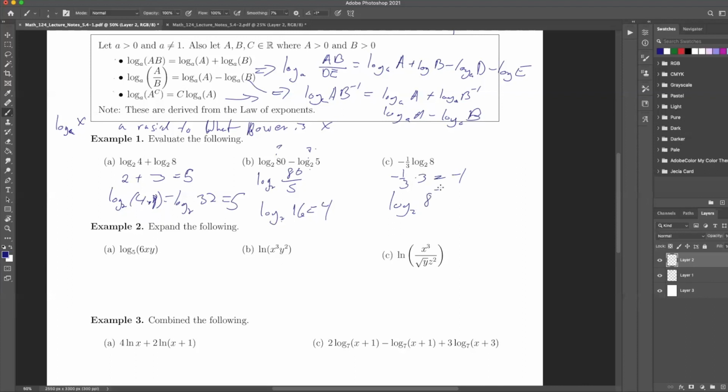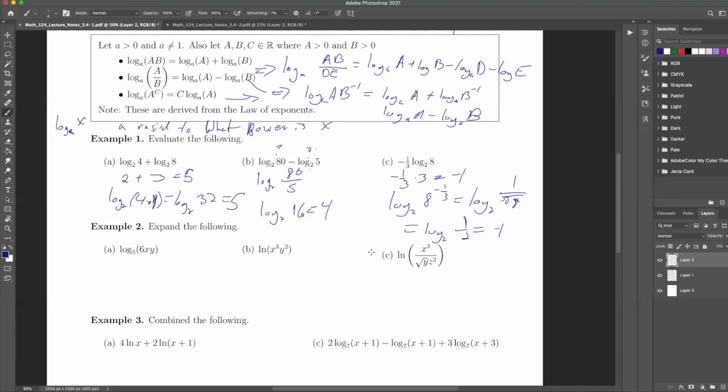So this is 8 to the -1/3 power. 8 to the -1/3 power is log base 2 of 1 over the cube root of 8. And the cube root of 8, of course, is 2. So we have log base 2 of a half. And 2 raised to what power is a half? Well, the answer here is the same, -1.